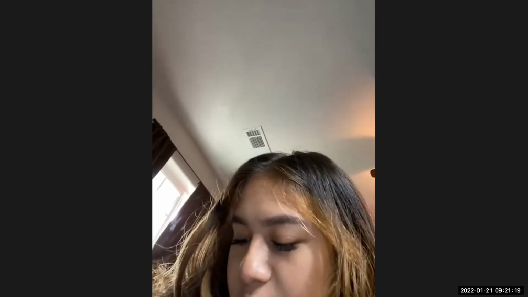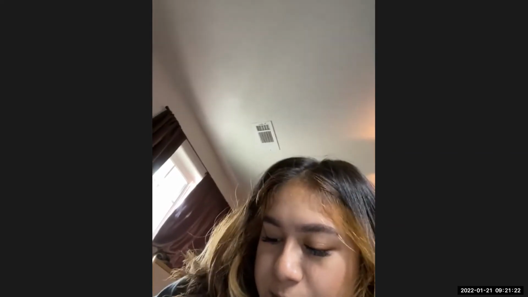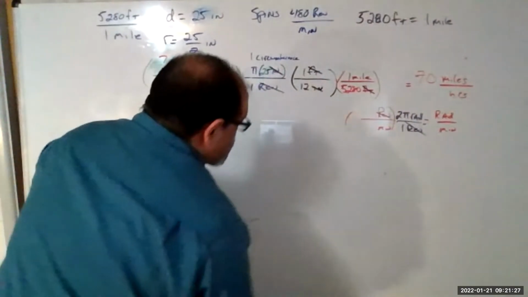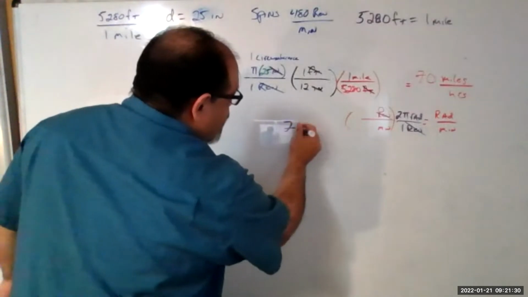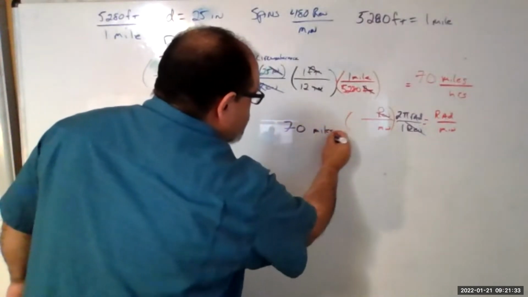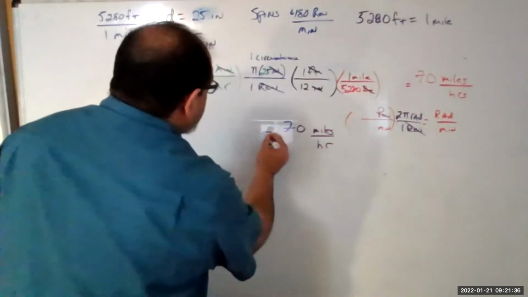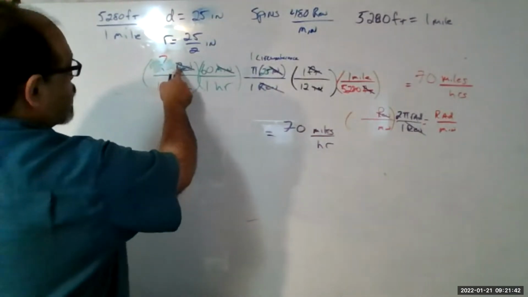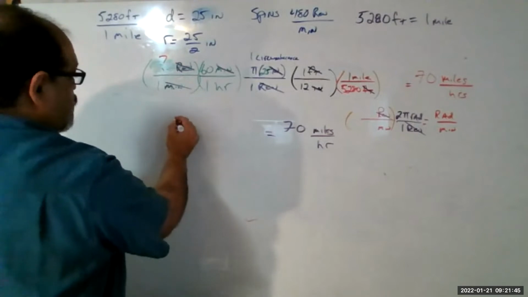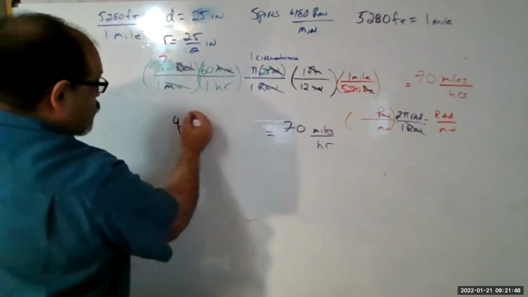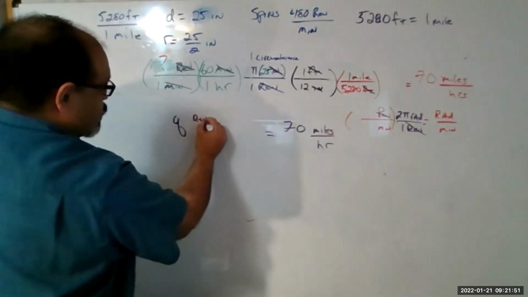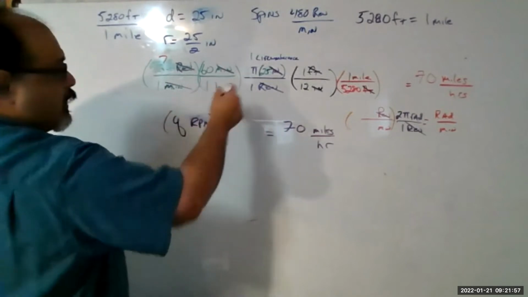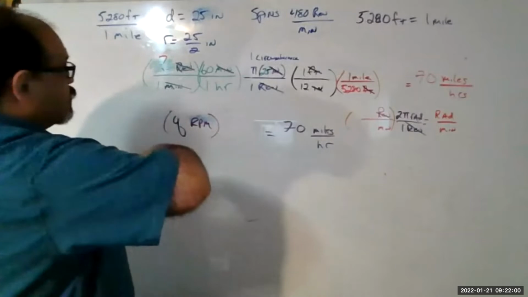So 70 miles every hour is equal to, and this is going to be, let's just say revolutions per minute. I'm going to use Q, revolutions per minute, RPM, times that numerator without the 480.